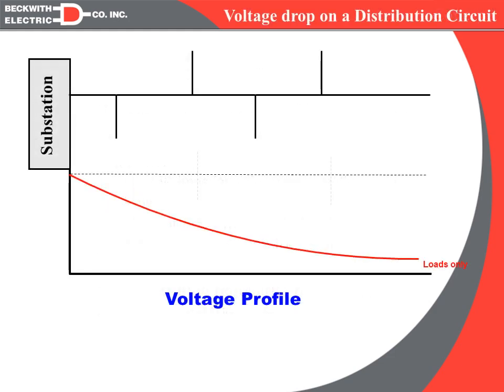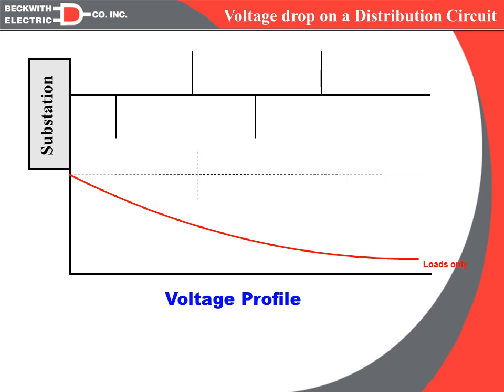So to reiterate this concept, this is a voltage profile of a typical distribution circuit if the only correcting was at the substation level. So if we had no downline regulators or no downline capacitor banks, this is how the circuit would look.